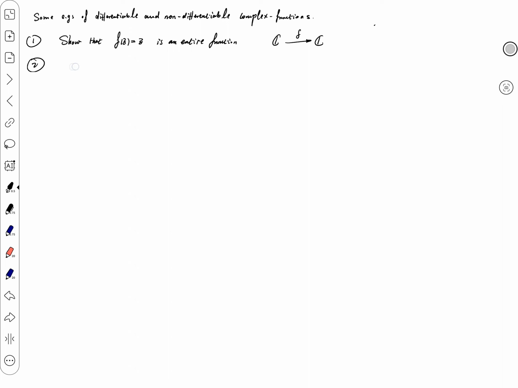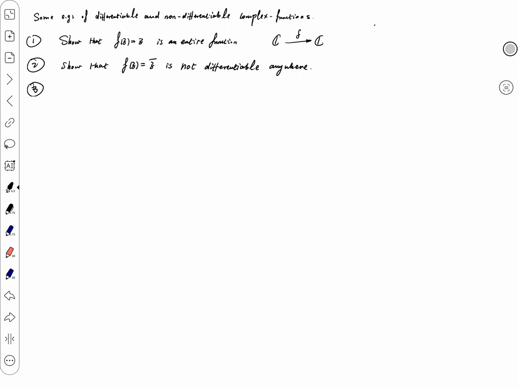Secondly, show that f(z) = the complex conjugate of z is not differentiable anywhere.